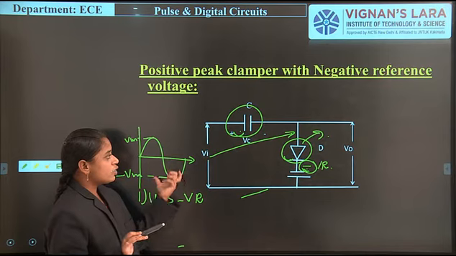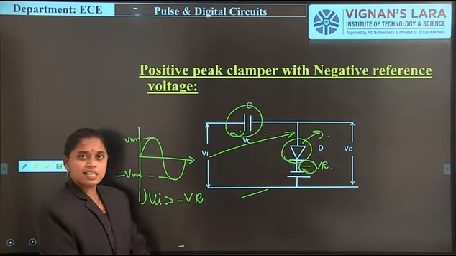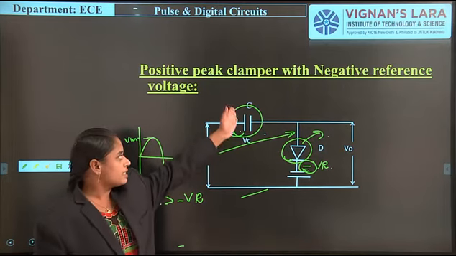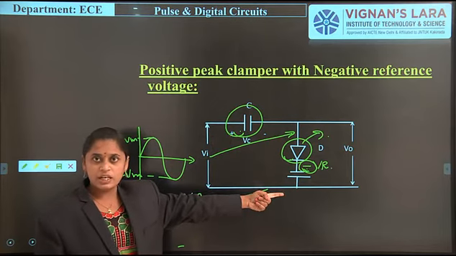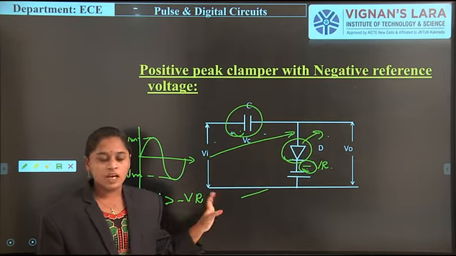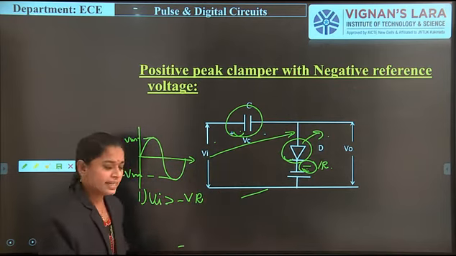When this sinusoidal signal passes through this network, the capacitor starts charging. What is the maximum charge of the capacitor? That is Vc. Because we are passing the Vm signal, but there is a reference level, it charges only up to the Vc level. This is the normal condition when the diode is on. That is the first condition.